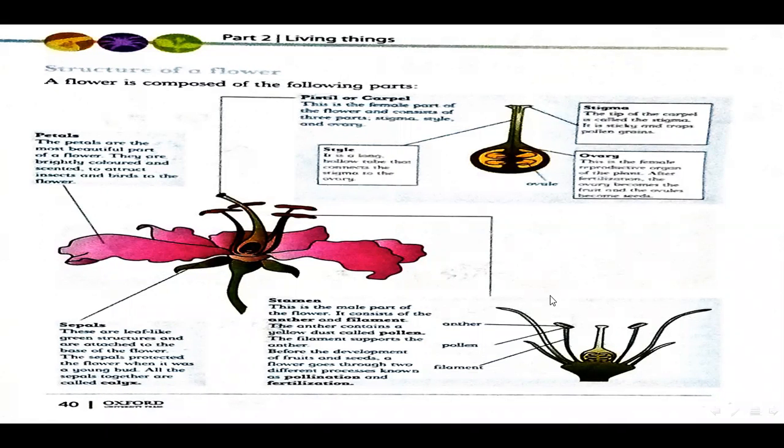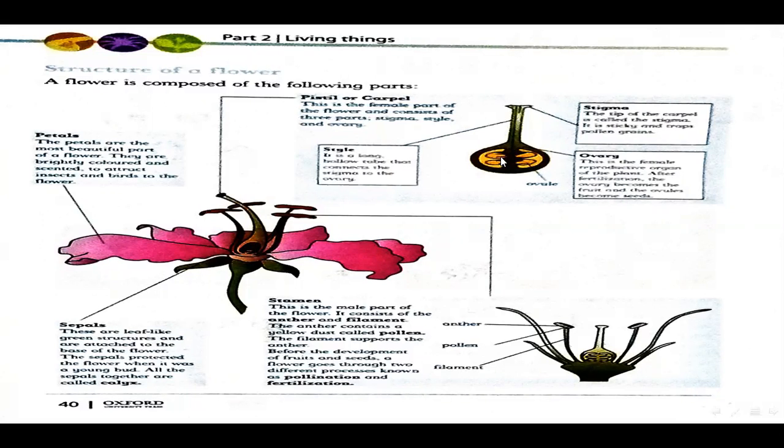Again, I repeat for you. A flower is composed of the following parts. Number one, the petals are the most attractive part of the flower. After that, the leaf-like structures attached to the base of a flower are called sepals. Then the pistil or carpel, which means stigma, style and ovary.